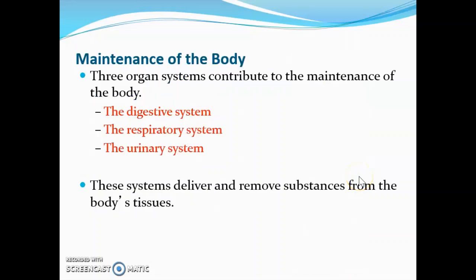Now we look at the organ systems that are involved in the maintenance of the body. There are three main organ systems in animals that are involved in the maintenance of the body. The first is the digestive system, the second is the respiratory system, and the third is the urinary system.